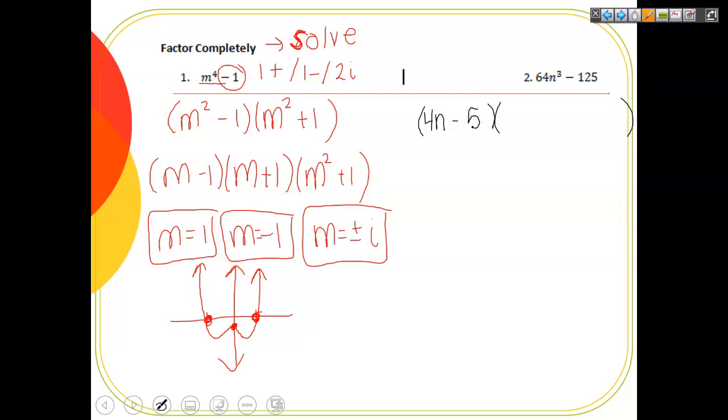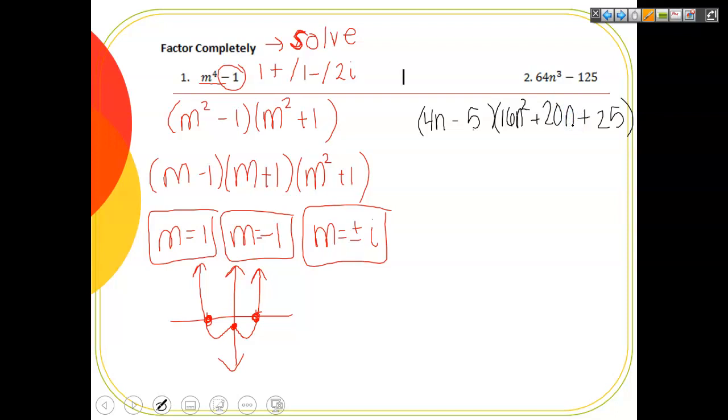Square the first, so 4 squared is 16. Square the last. It's always positive here, and the second sign is always the opposite of the sign you started with. So a positive, and then you multiply your 2 cube roots together. So 4 times 5 is 20.